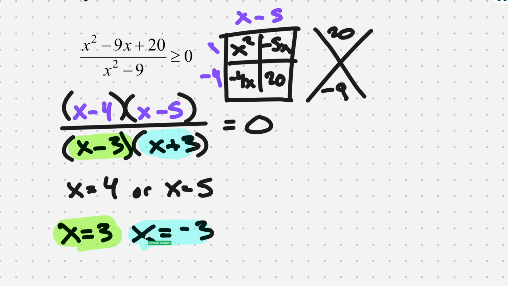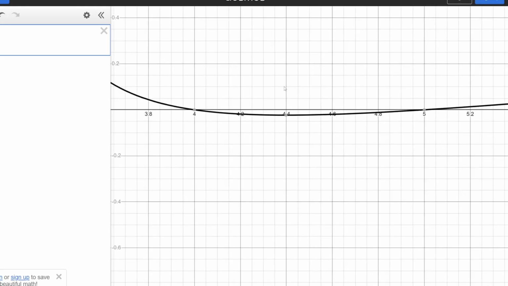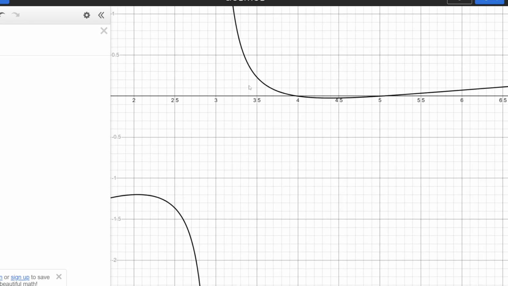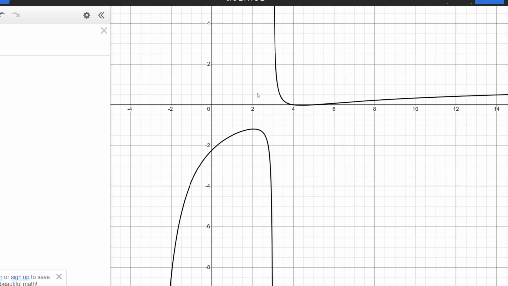If you plug in 3 for x, you get 0 in the denominator. You can't divide by 0. The left side of this equation is undefined. Which means we have some kind of discontinuity. In this case, an asymptote.